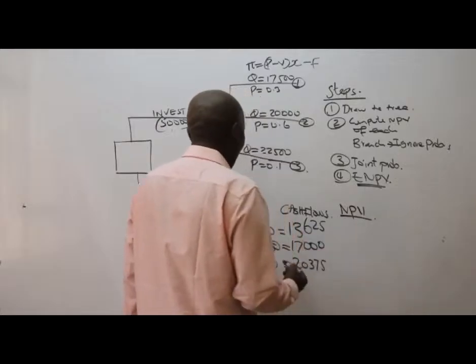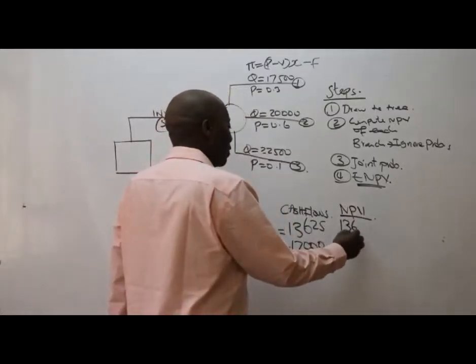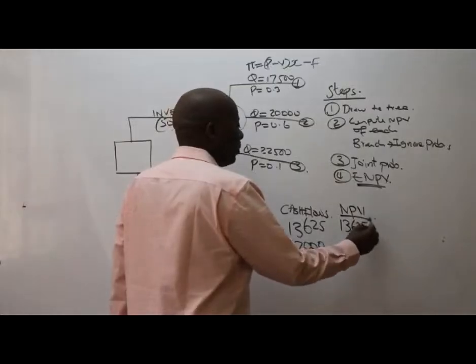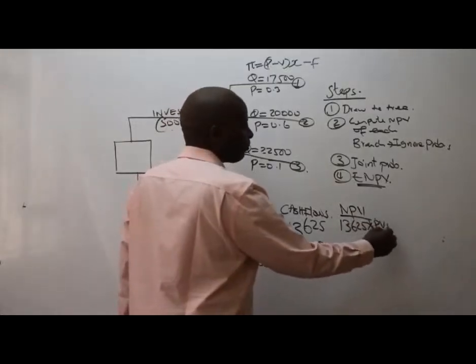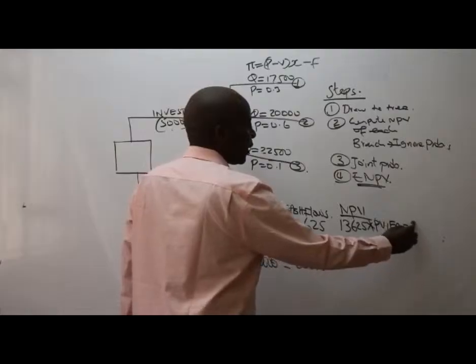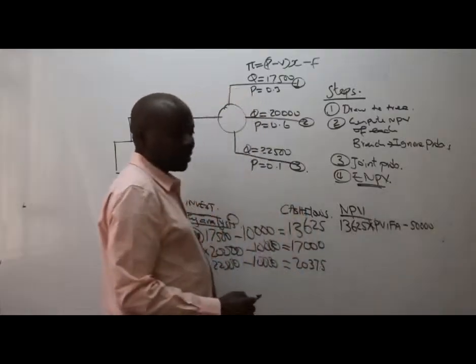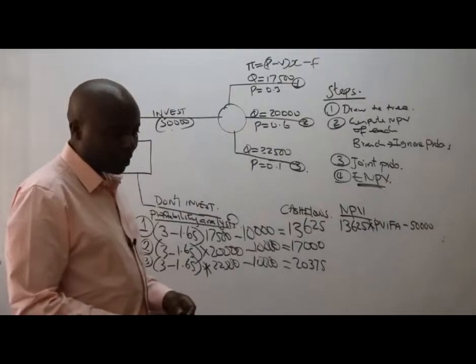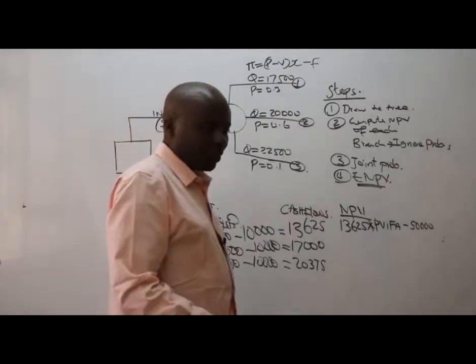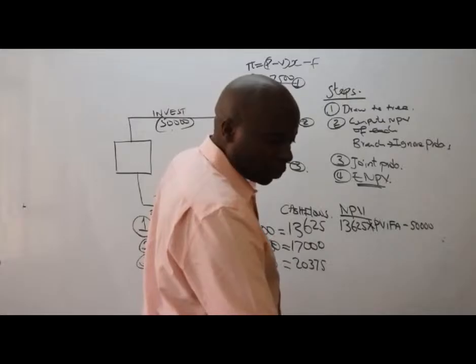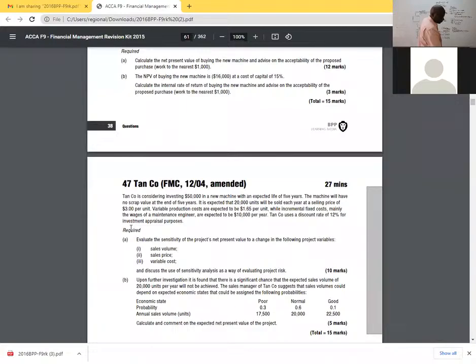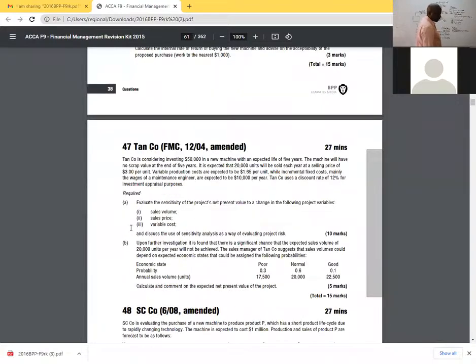Net present value for branch number 1 will be 13,625 times PVFA, minus 50,000. This is the question that we're doing.